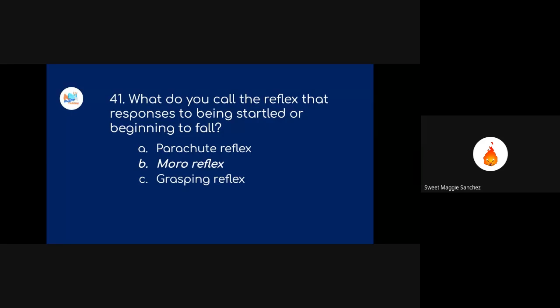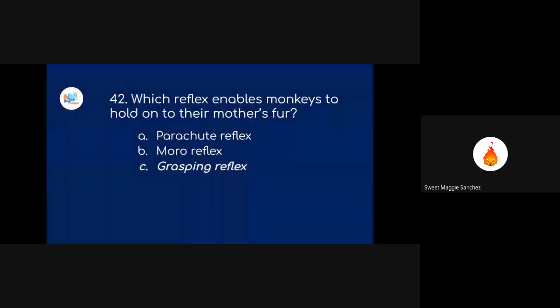Have you ever experienced na parang nag-step ka sa mga hagdanan and na-miss ka ng isa, slight mistake? Tapos ma-feel mo na mahuhulog ka na. So that's Moro reflex. Parang nalaglag, nahulog, di ba? So ayun siya po, that's correct. Correct po, Miss Jan.